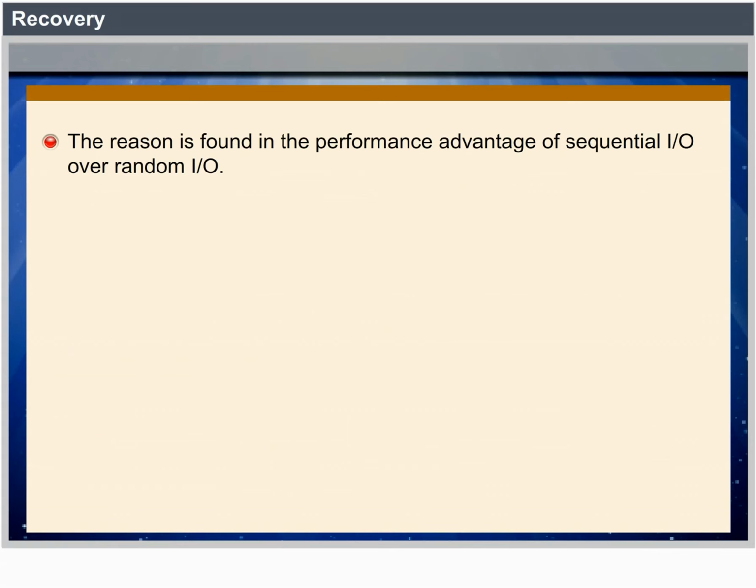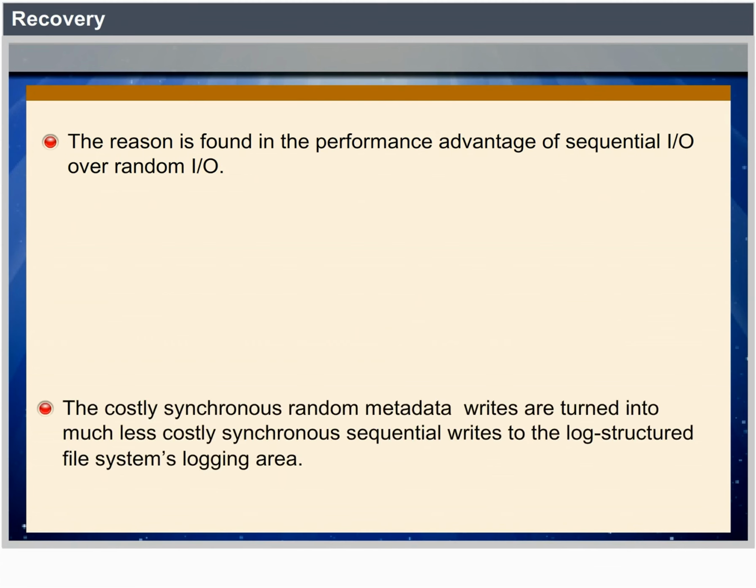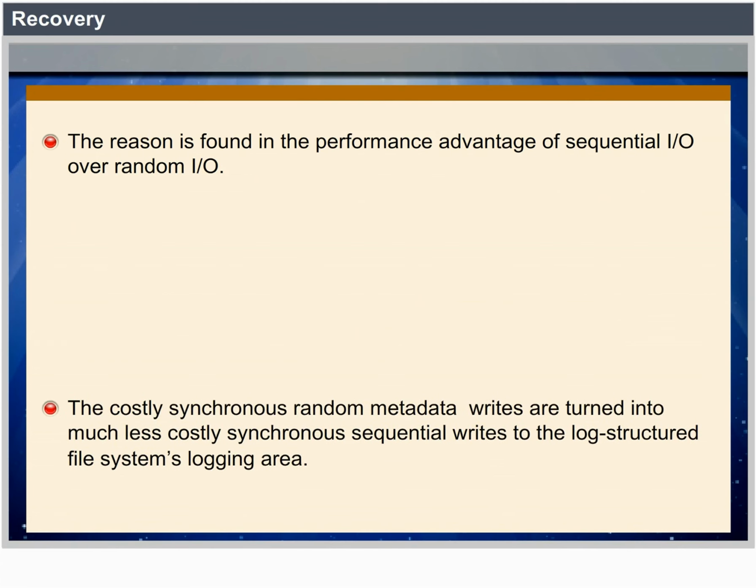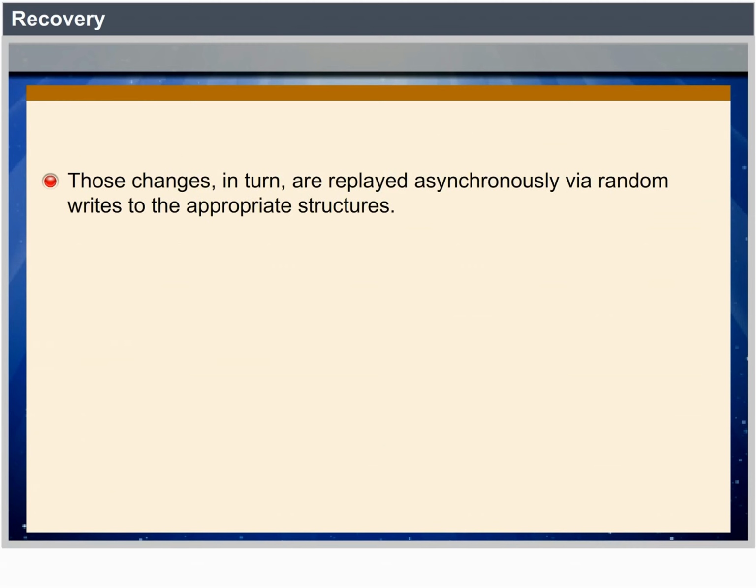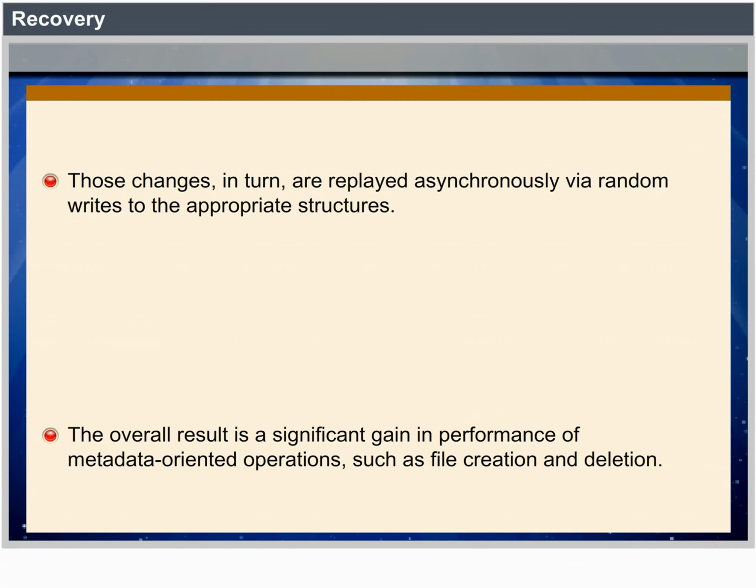The costly synchronous random metadata writes are turned into much less costly synchronous sequential writes to the log-structured file system's logging area. Those changes, in turn, are replayed asynchronously via random writes to the appropriate structures. The overall result is a significant gain in performance of metadata-oriented operations such as file creation and deletion.